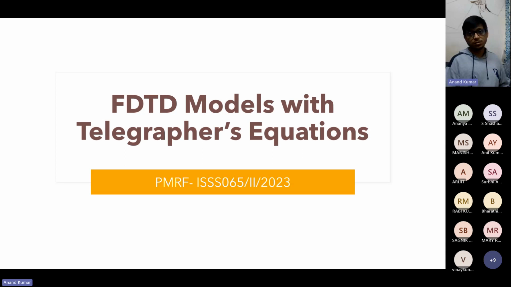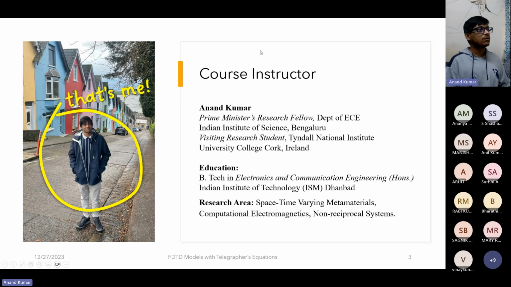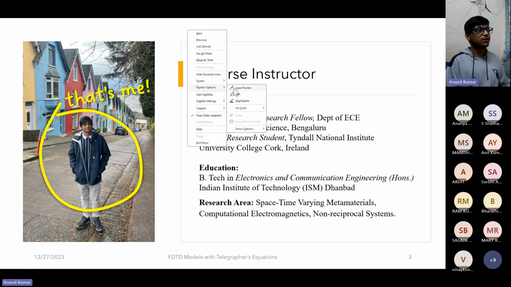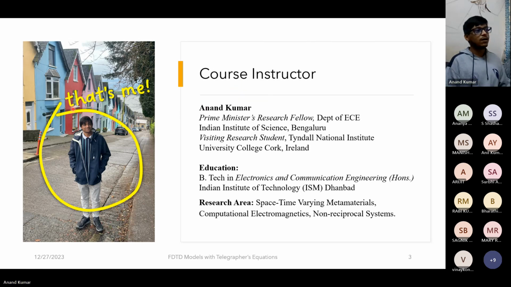This course is being offered as a requirement for my Prime Minister's Research Fellowship. So let's talk about me first. I'm Anand Kumar. You can refer to me as Anand, and I'm a Prime Minister's Research Fellow in the Department of Electrical Communication Engineering at the Indian Institute of Science in Bangalore.